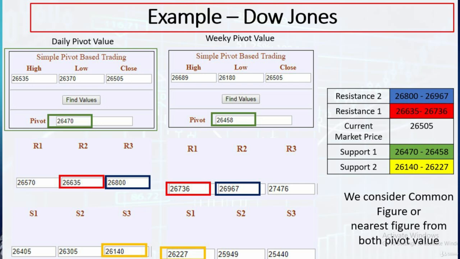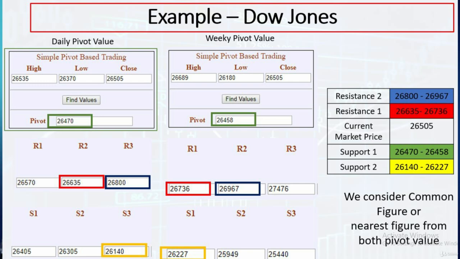If the price breaks resistance 1 at the level of 26,736, then the price travels and finds resistance at the next level, shown in blue color. The range is 26,800 to 26,967.